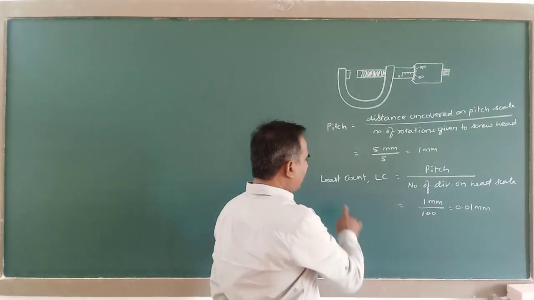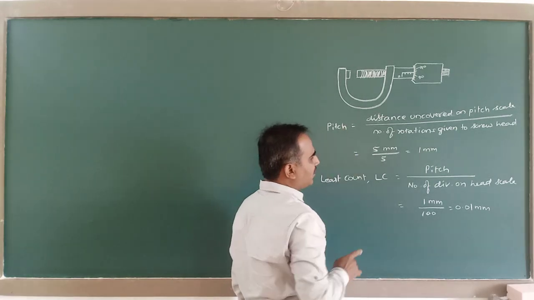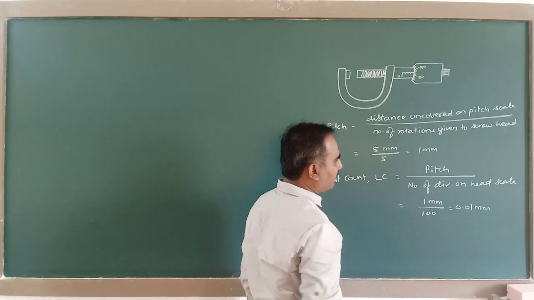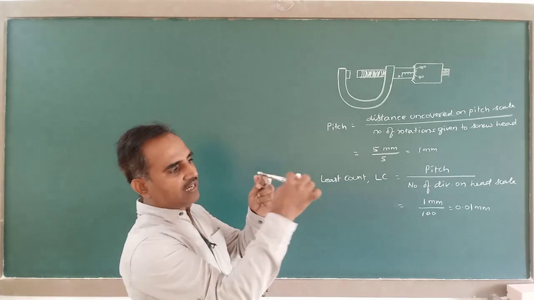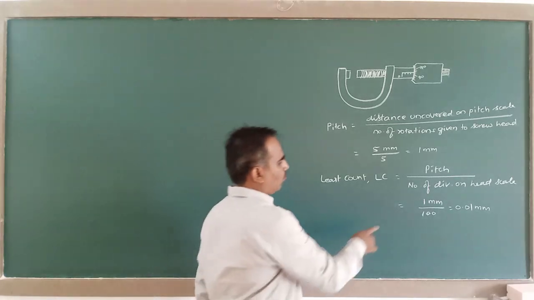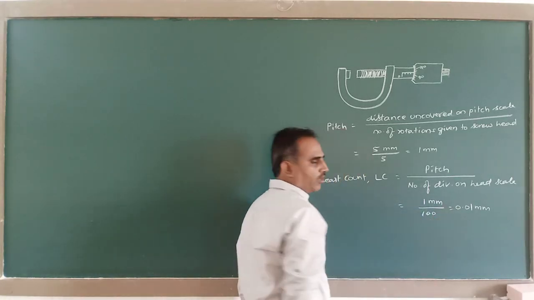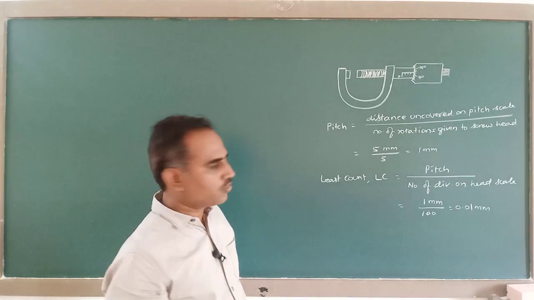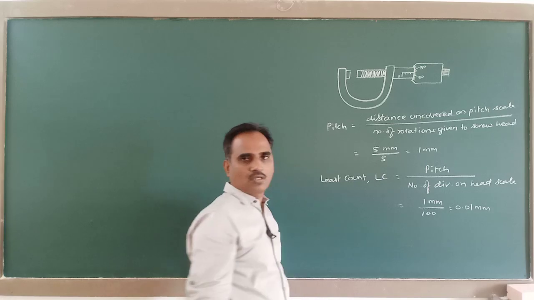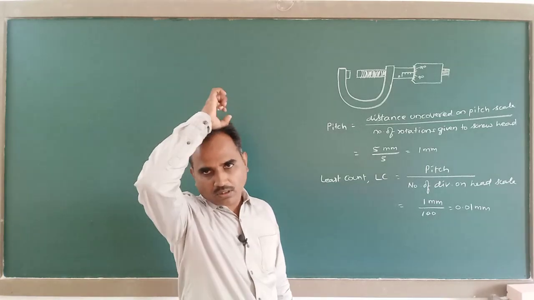Next, to calculate the least count of this screw gauge, you have to consider the pitch divided by the number of divisions on the head scale. On this head scale, 100 divisions are there. 1 mm divided by 100 gives you 0.01 mm. So this is the least count of this screw gauge.